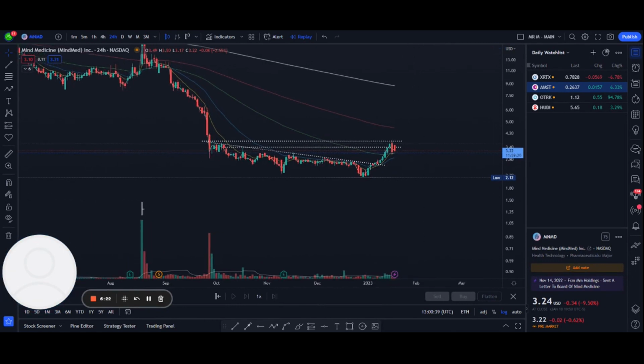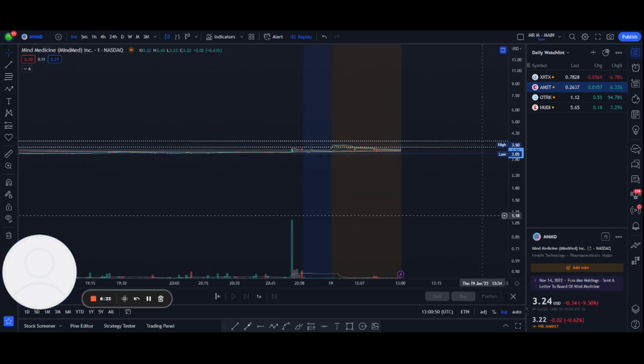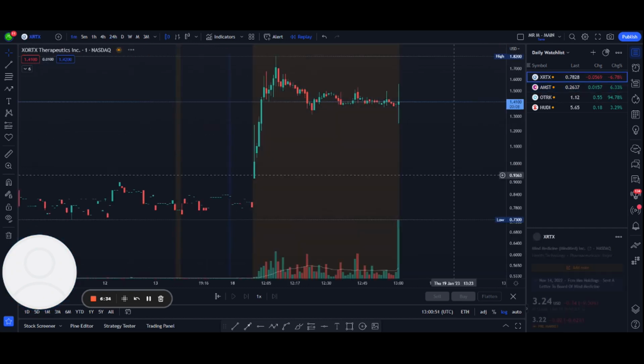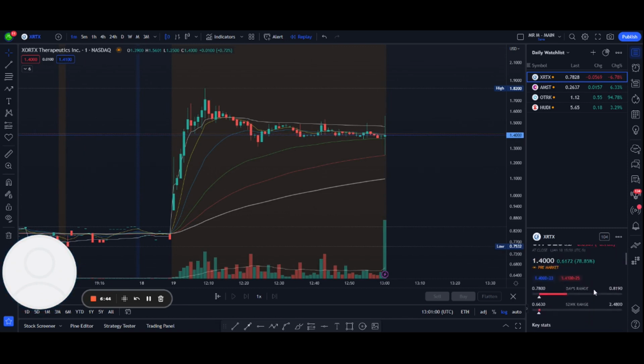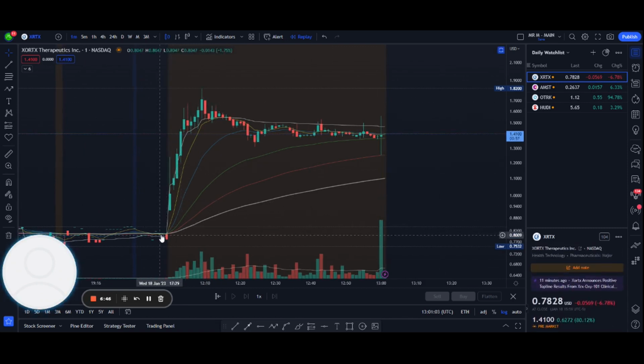Once I've done that, I go and look at the chart to determine if there are any technical patterns or indicators that suggest this stock is ready for a big move. And to do that, I go into a smaller time frame. So for this one, I'll look at XRTX. It had a huge volume in the pre-market, and it has run already like 80%.